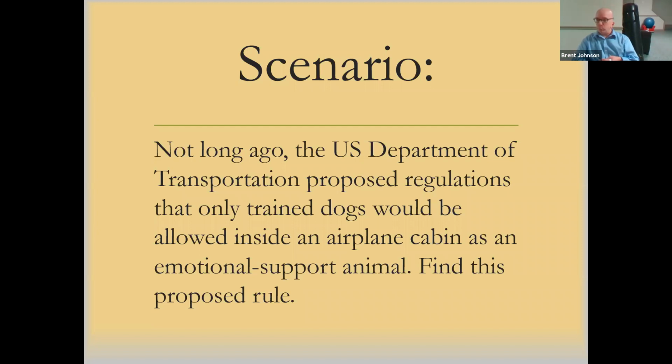No more emotional support parrots or bunny rabbits or mice. They wanted it to be just dogs. So can we find this proposed rule? And tell me what website you used to find the answer.